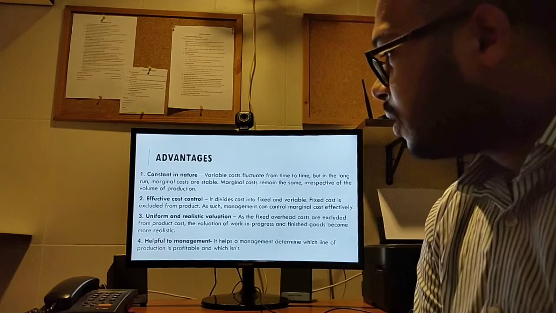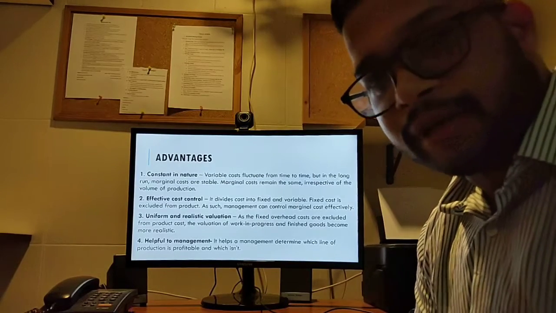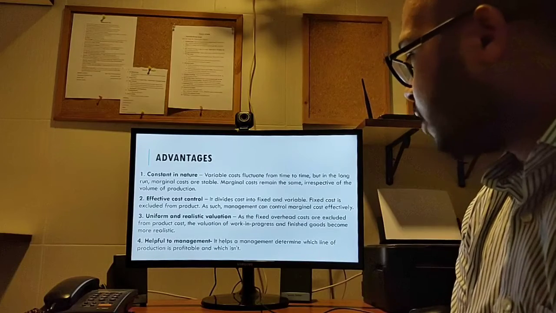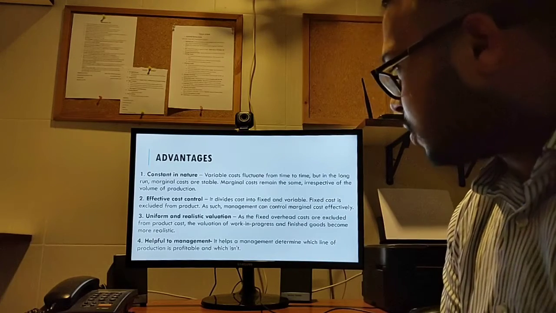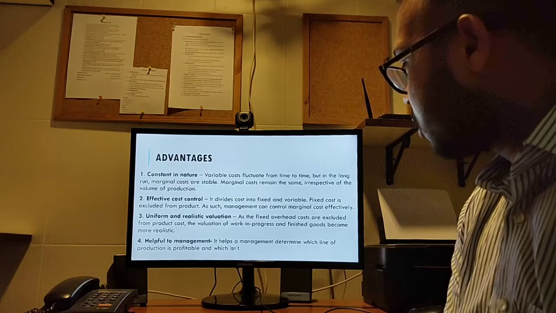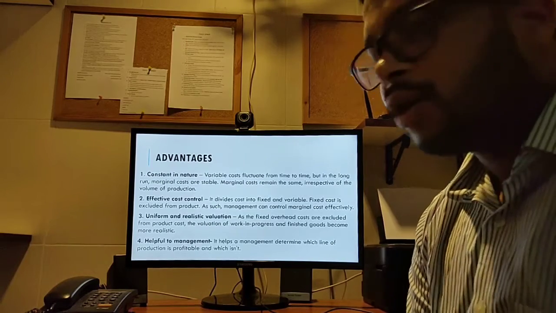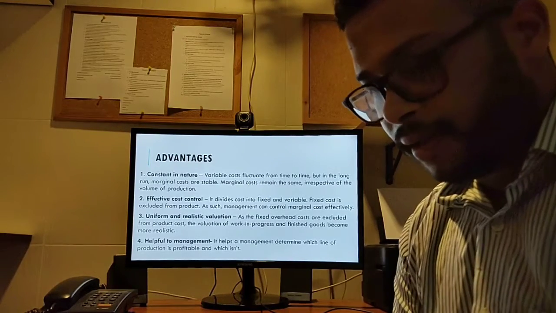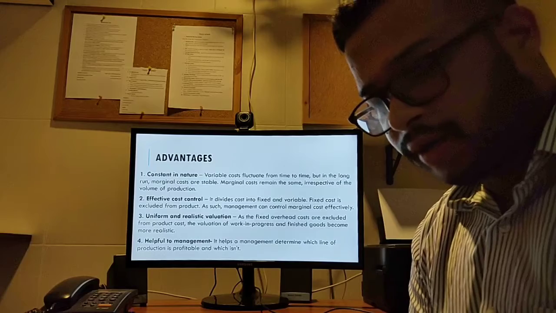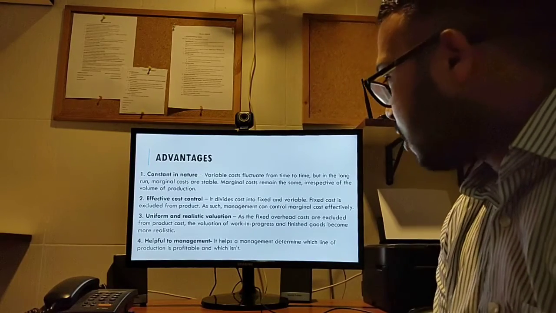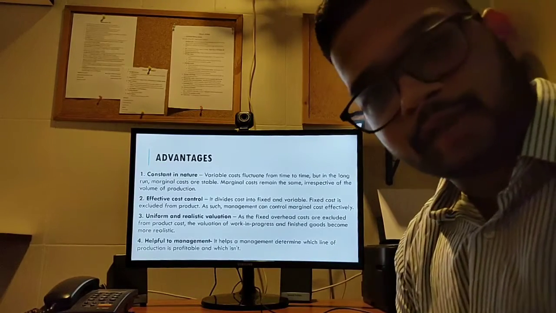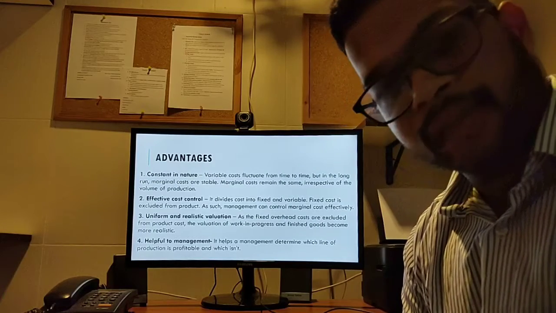Now the second point is effective cost control. It divides cost into fixed and variable. Fixed cost is excluded from the product. As such, management can control marginal cost effectively. What this states is that in marginal cost, you're considering only the variable cost in your cost of production, and the fixed cost is excluded from the price of your product.